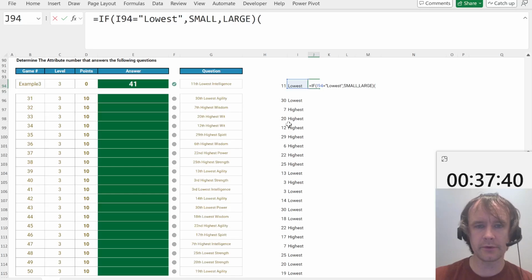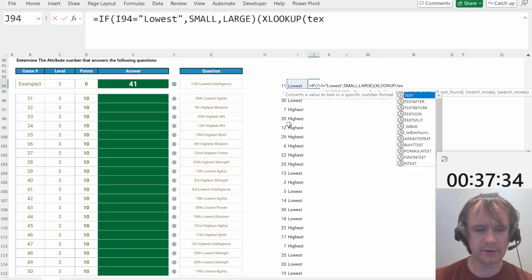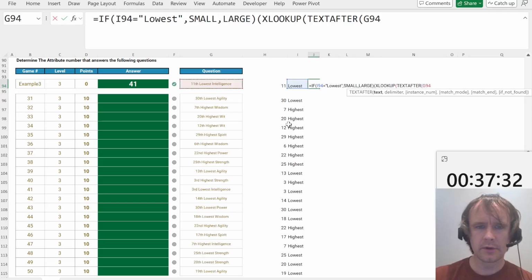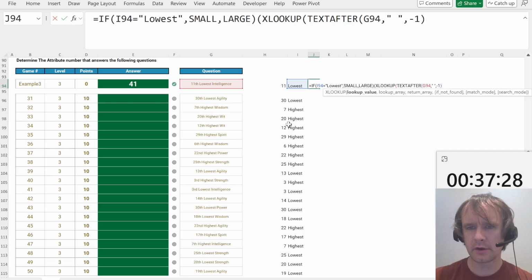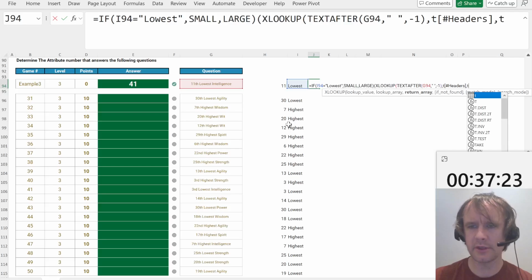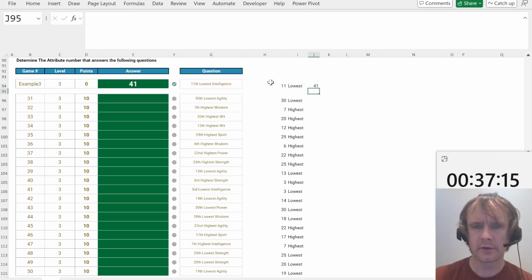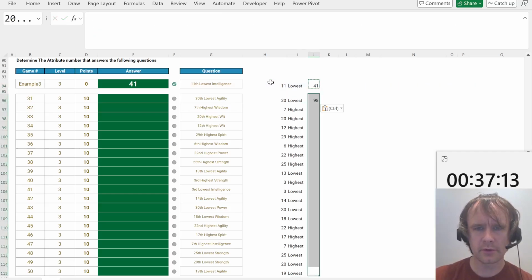Of an array, which is going to be XLOOKUP. Oh, never mind. Text after this space after the last instance in T headers, returning from T. That's the array, and then the n is this. That's right. Yes, 41.